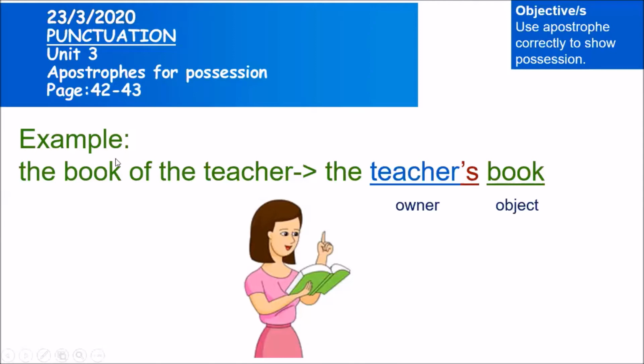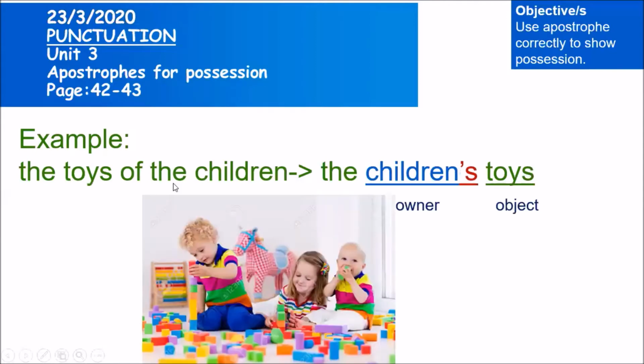Another example, the toys of the children. So here we have three children and they own these toys. So instead of saying the toys of the children or the toys belong to the children, we can simply say the children's toys.